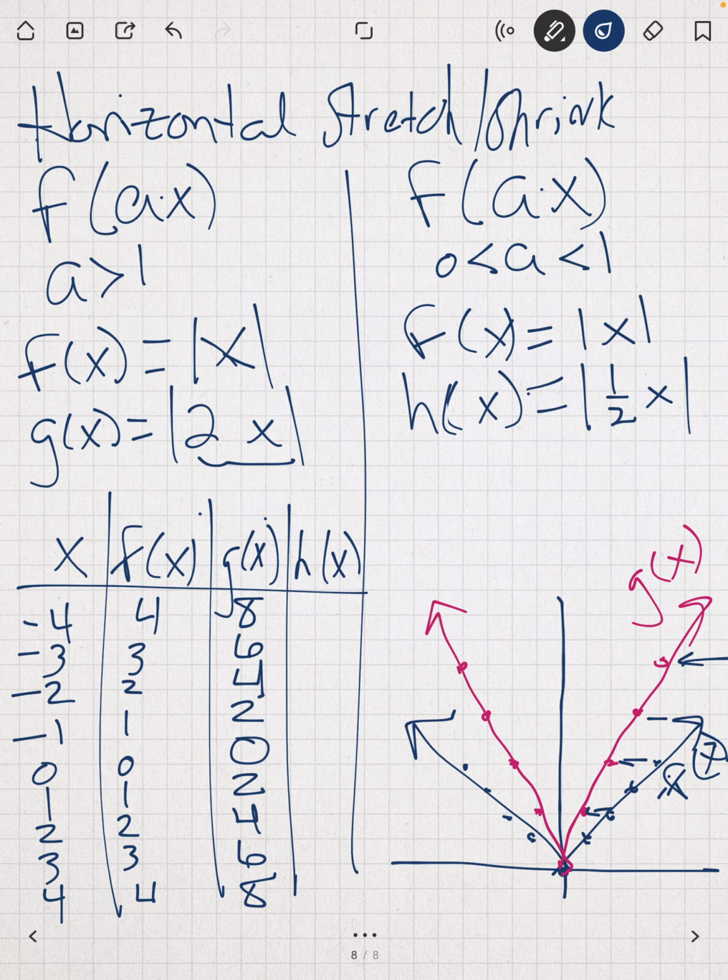And if we work on our h of x, where we take the absolute value of half x, so -4's half is -2, so we're at 2. -3's half is -1.5, so we're at 1.5. -2's half is -1, we're at 1. -1's half is -0.5, so we're at 0.5, 0, and then 0.5, 1, 1.5, 2.